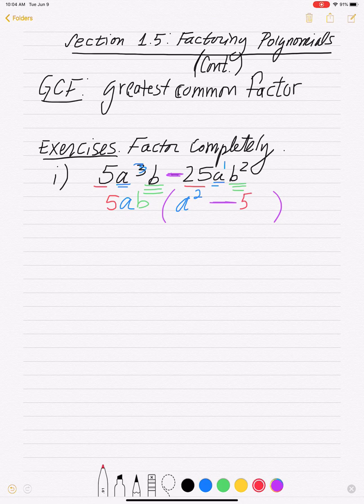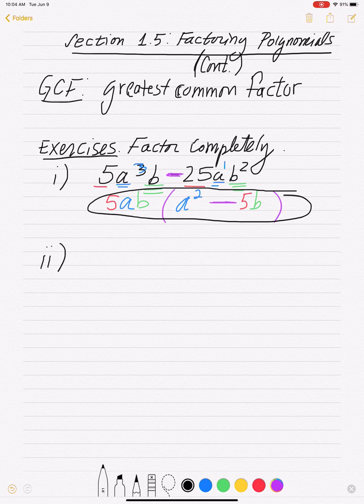And you're going to pick up your a in front, and then you have to think about what times your b in front is going to be b squared. You need a b. So 5b times 5ab is going to give you 25ab squared. There you have it. This is your factorization using the GCF of 5ab.